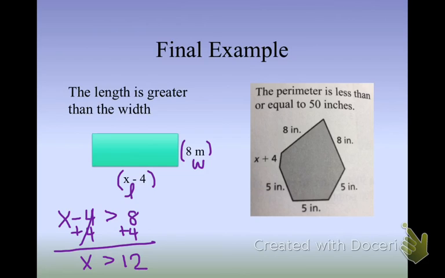Okay? On the right, the perimeter is less than or equal to 50 inches. So when we do perimeter, we're adding up all the sides. We have 1, 2, 3, 4, 5, 6 things to add up, and it's going to be less than or equal to 50. So we might have to add some like terms.